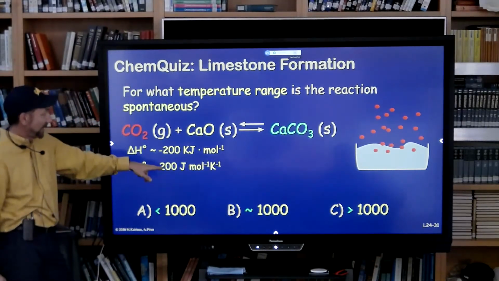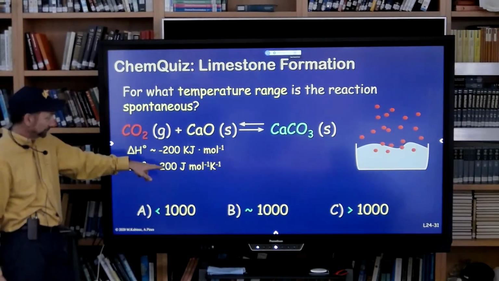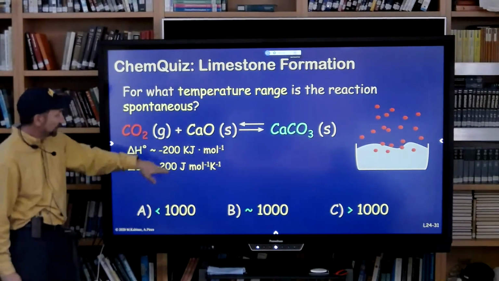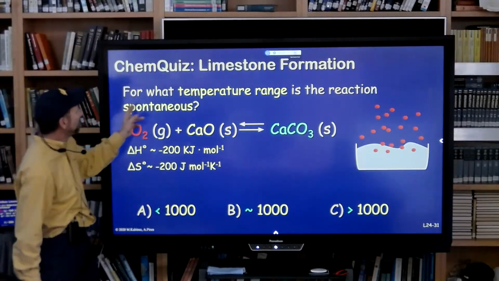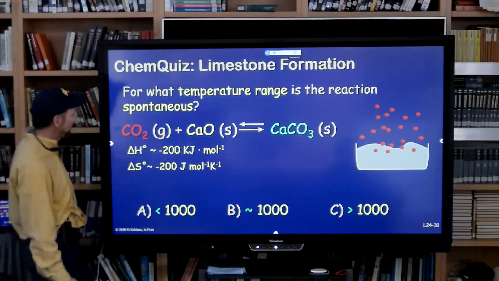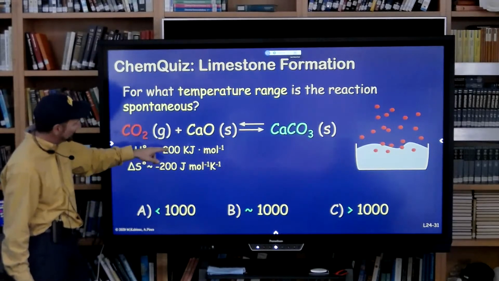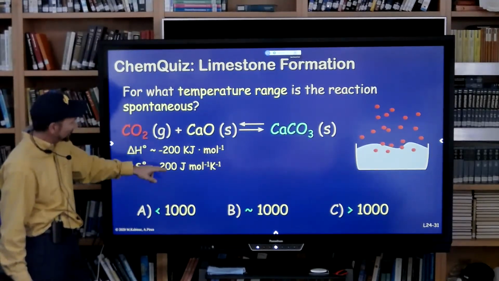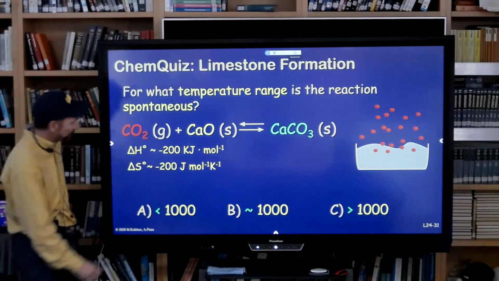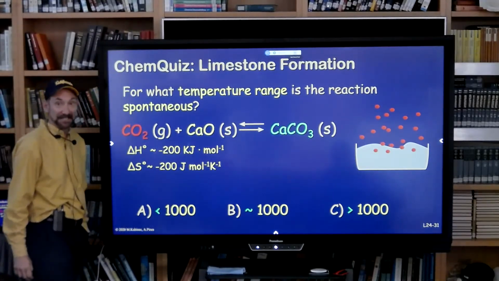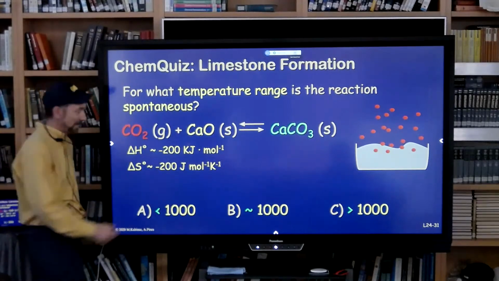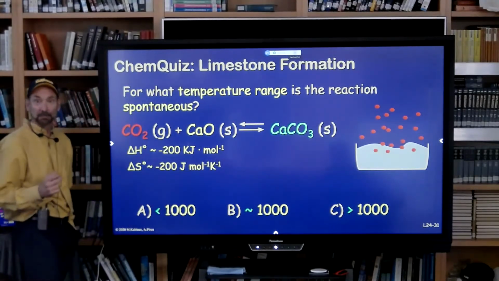If you get high temperatures, the entropy term will have a bigger effect. But you can ask for what temperature range the reaction is spontaneous, and you can see the factor of 1,000 between those. Delta H is tending to make it spontaneous because it is negative. Delta S is working against you.